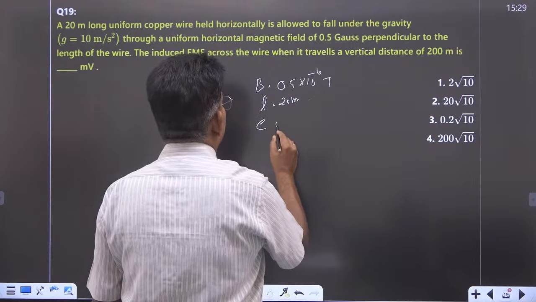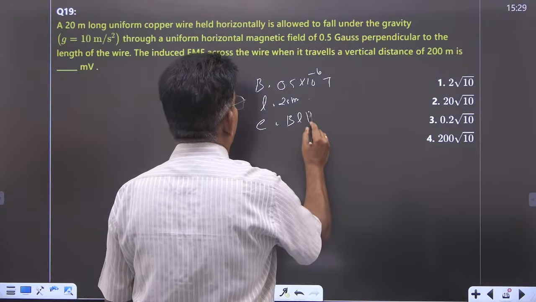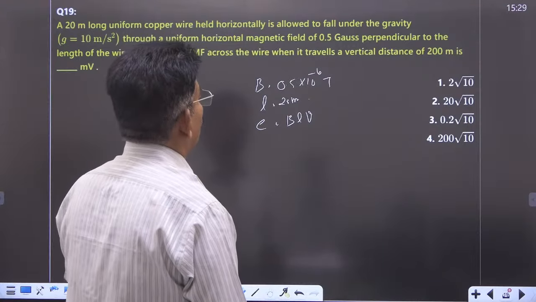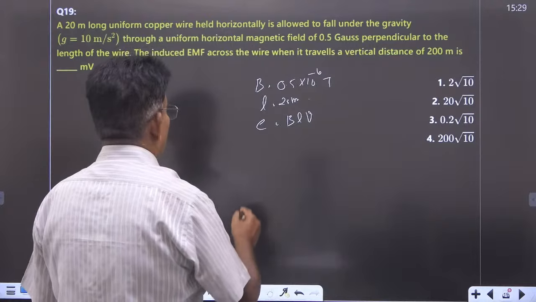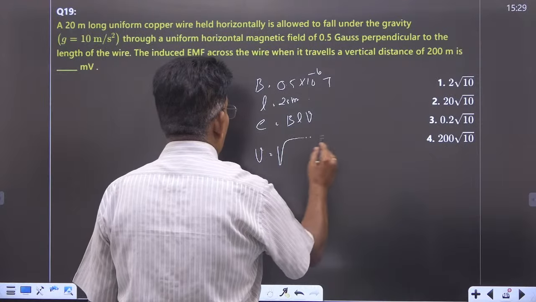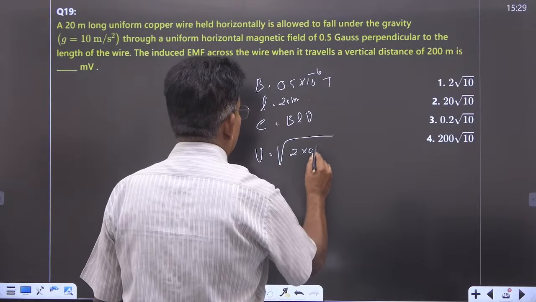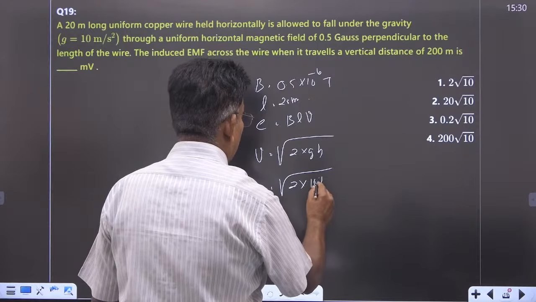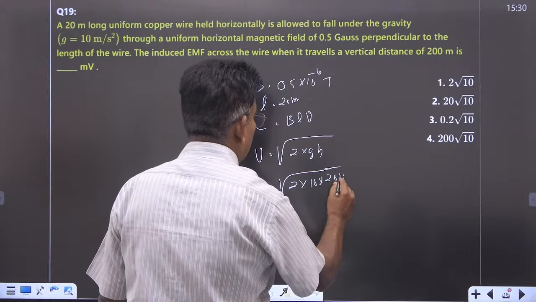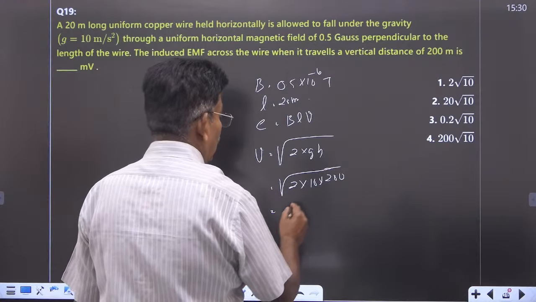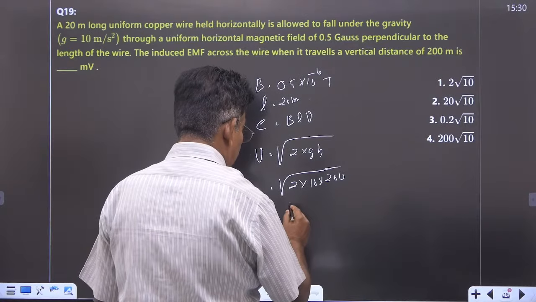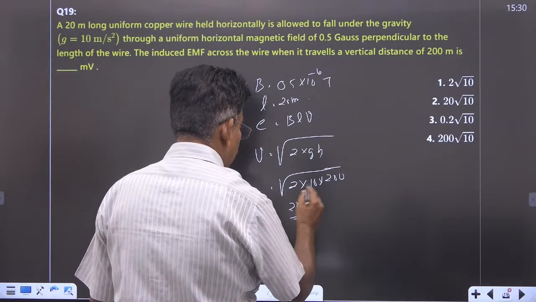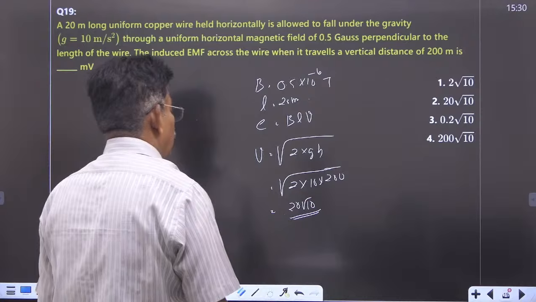Yes, induced EMF we have to calculate by BLV. We have to calculate the velocity of the rod when it is coming down through a vertical distance. Velocity is given by root of 2gh. That is 2 into g is 10, into 200. That comes to be root of 4000, that is 400 root 10, so velocity is 20 root 10.